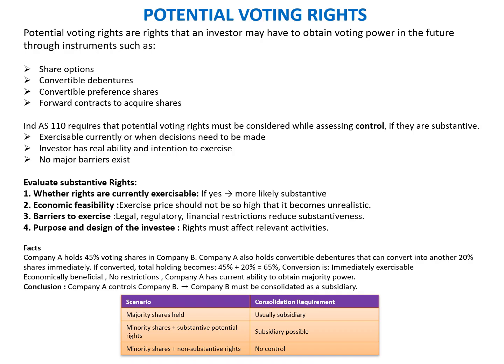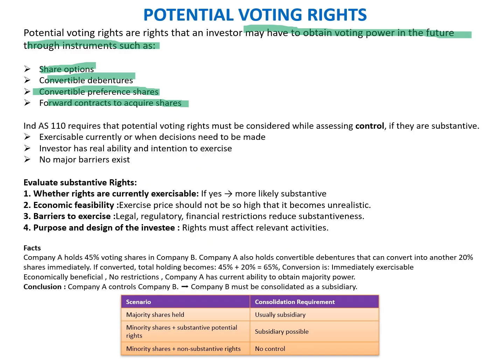So potential voting rights are rights that an investor may have to obtain voting power in the future through instruments such as share options, convertible debentures, convertible preference shares, or forward contracts to acquire shares. Whenever such contracts exist, they give potential power to the investor to become a shareholder of the investee company.